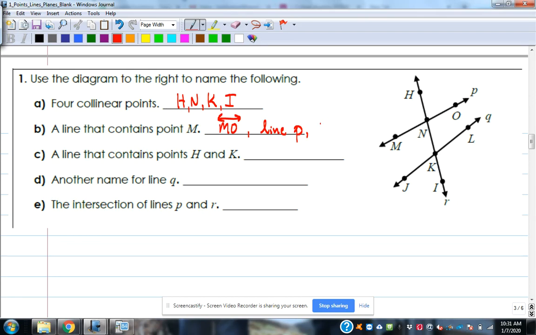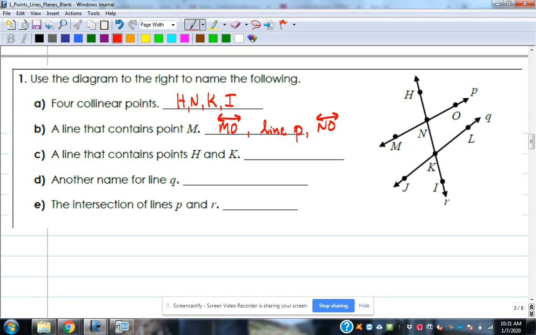We got MO. So it'd be NO, right? You could rearrange the letters, ON and OM would be the same thing. It doesn't really matter what order the letters are in. I tend to go left to right because that's logical, but it's not a rule. So there's three different ways to name the same line from that diagram, all of which would be correct because they all contain that point M.